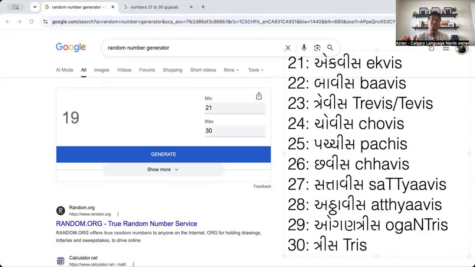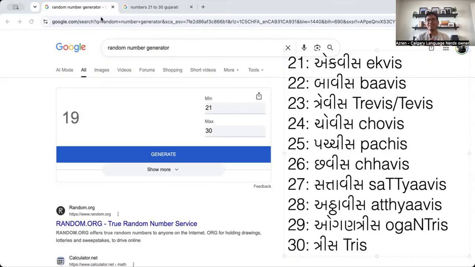Oh, I guess chavis stayed the same, right? That's standard, which is good. It's not sat vis. It's not at vis. It's not no vis. You see what I'm saying? There's a flexibility there that we don't quite have in English.